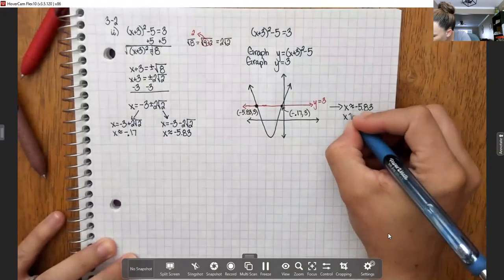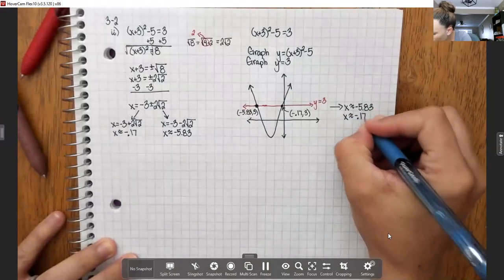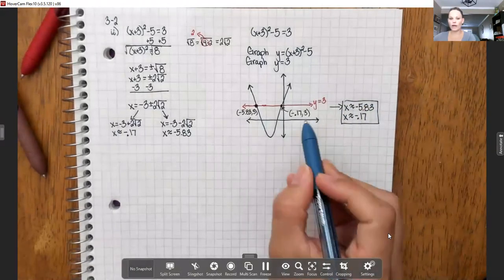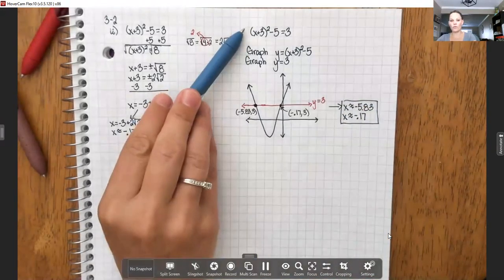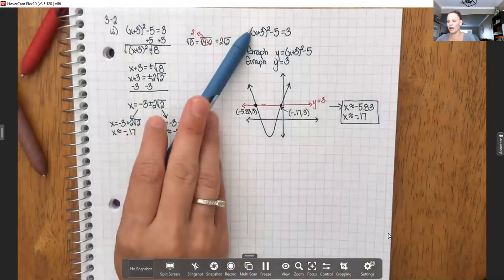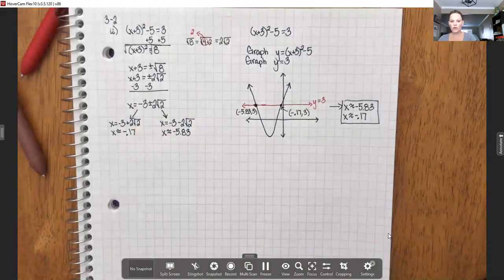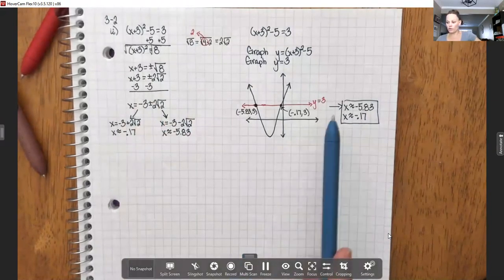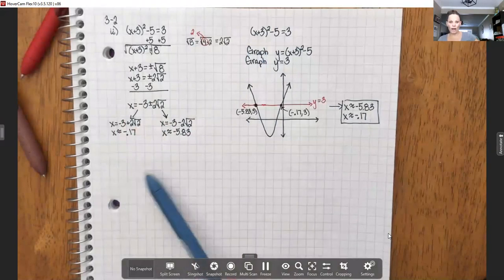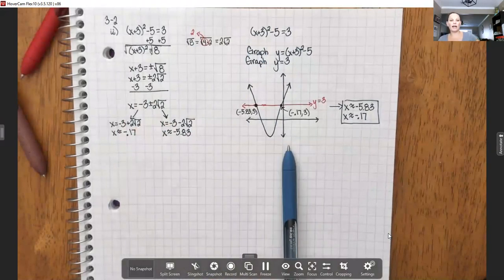And x is approximately negative 0.17. We ignore the 3 coordinate because that's not part of our original equation. There's no y. Our answer should just be x equals some numbers. So again, when you're solving something like this, unless it says solve it a certain way, you have options now.